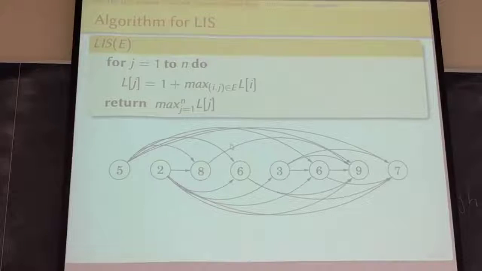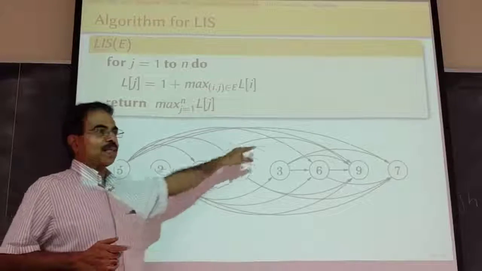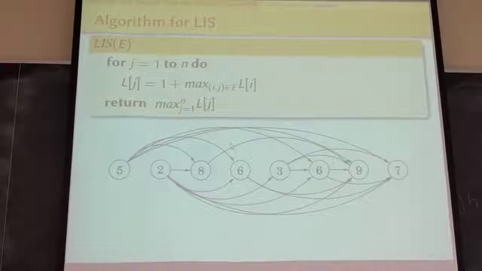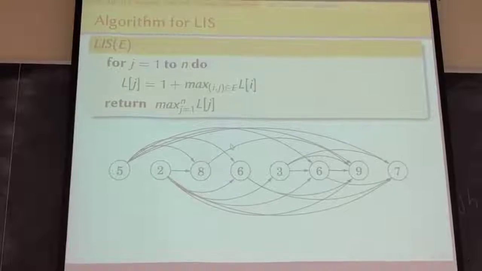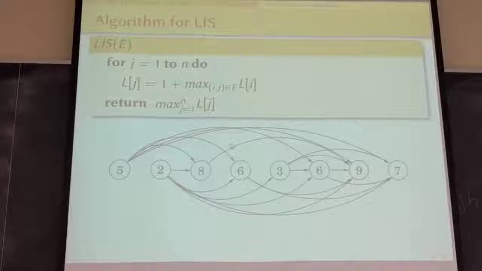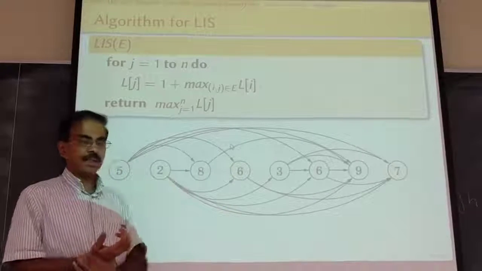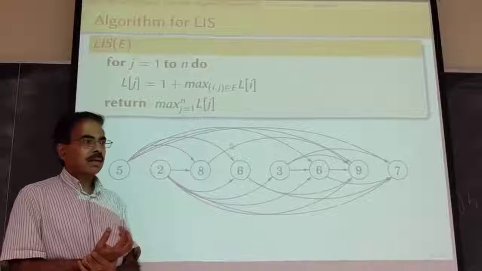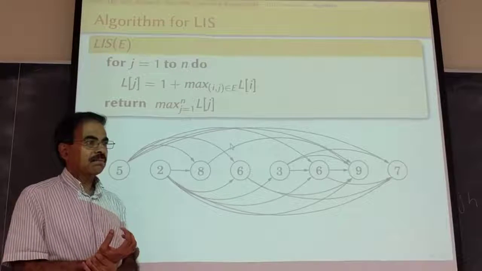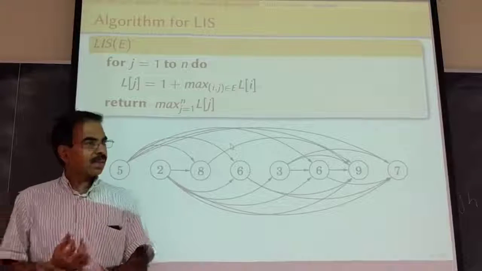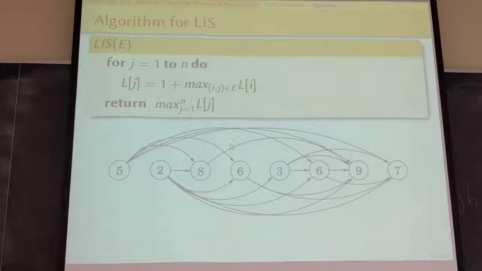If I give you 1, 2, 3, 4, 5, 6, then you immediately have an n squared number of edges, right? But let's take a random sequence and let's ask what is the number of incoming edges to an element like this? Like an average. What is the expected number, if you want to be technical?